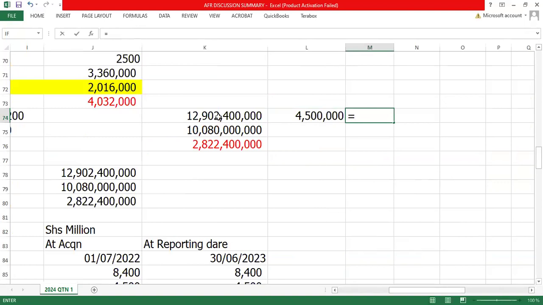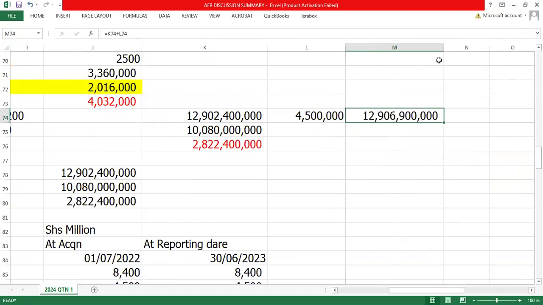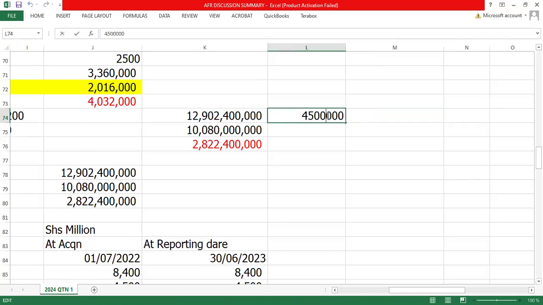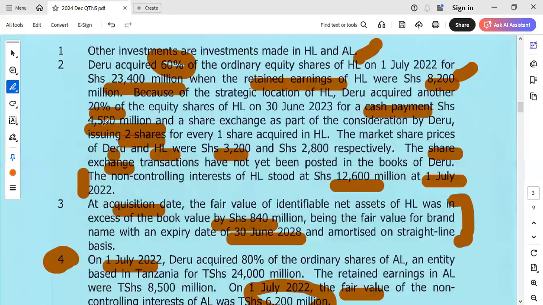When you add this plus this, are you seeing what you get? Is the 4.5 billion or million? Let me see. It's billion.